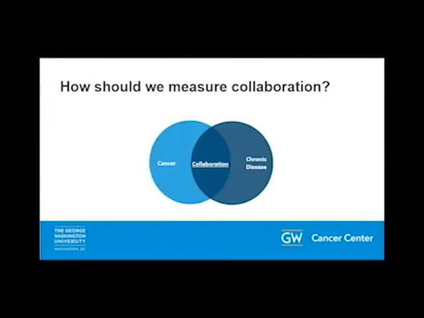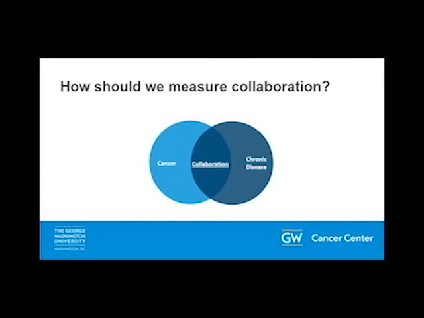So to evaluate the Roundtable initiative, we administered standard pre- and post-meeting surveys that assessed process outcomes and satisfaction, which is fairly easy to do. But because the goal of the Roundtable is to convene key stakeholders in cancer and chronic disease silos and strengthen relationships at the community, state, and regional levels to promote increased integration efforts, we wanted to dedicate more time measuring that collaboration itself.